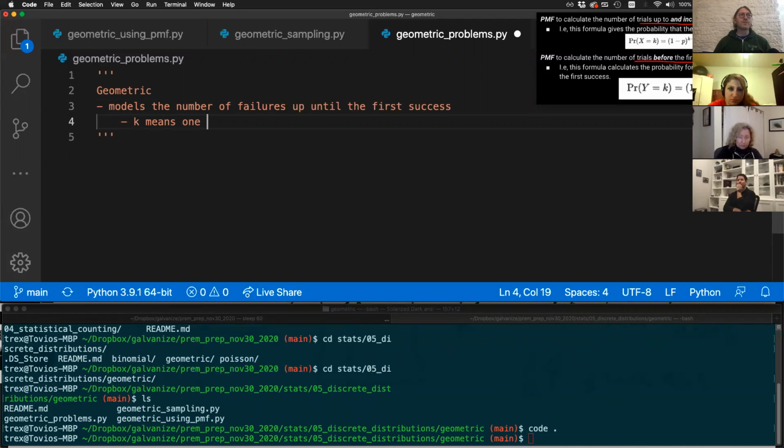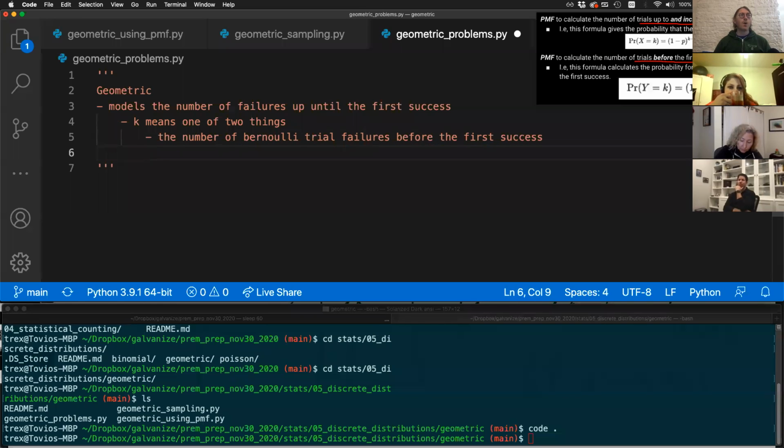K means one of 2 things: it's the number of Bernoulli trial failures before the first success, or the number of Bernoulli trials up to and including the first success.